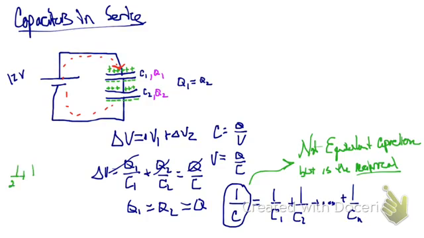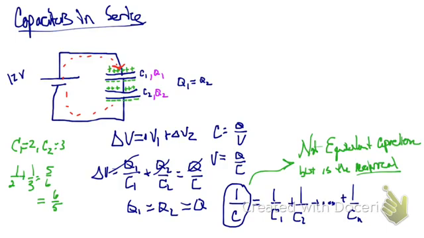Kind of like 1/2 plus 1/3 would equal 5/6, right? Well, the total capacitance would then be 6/5 if C1 equaled 2 and C2 equaled 3.